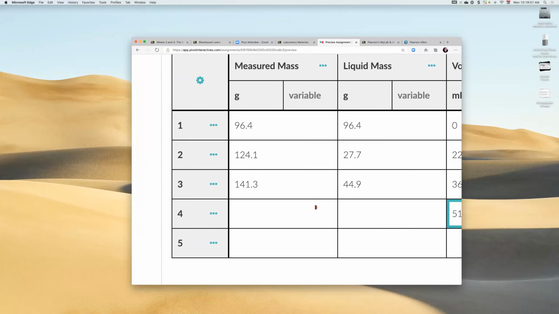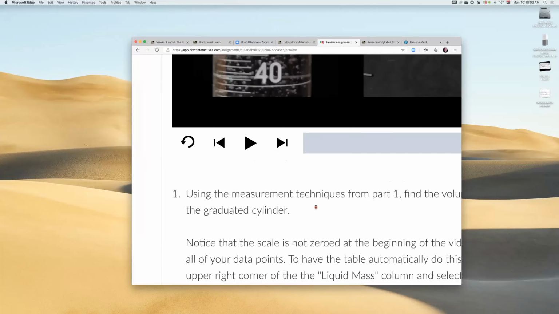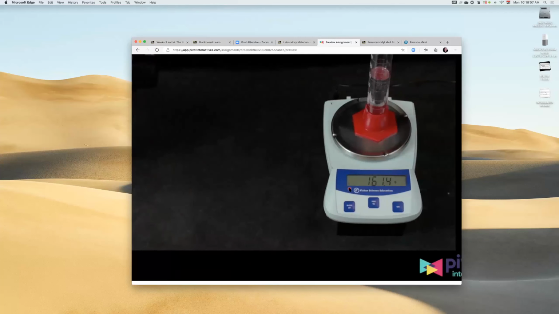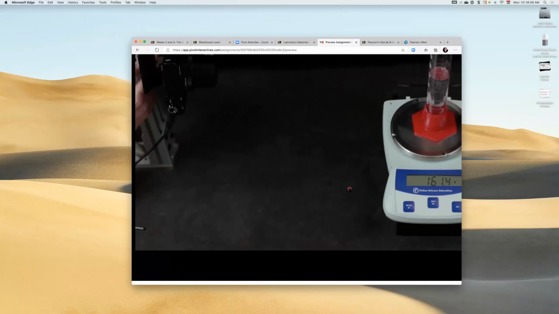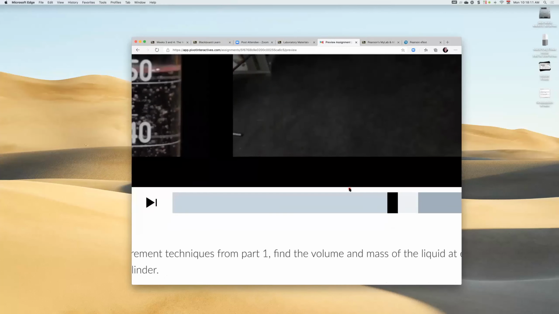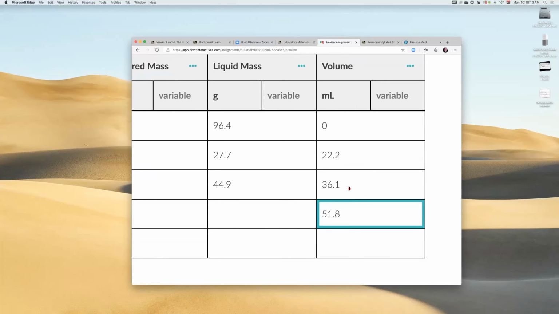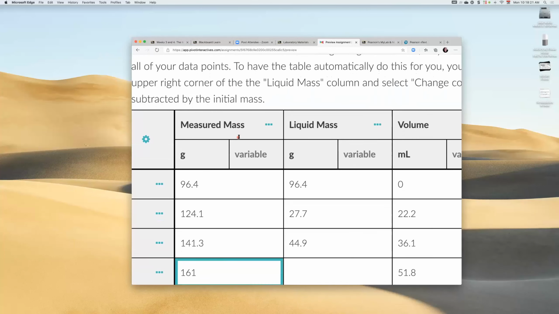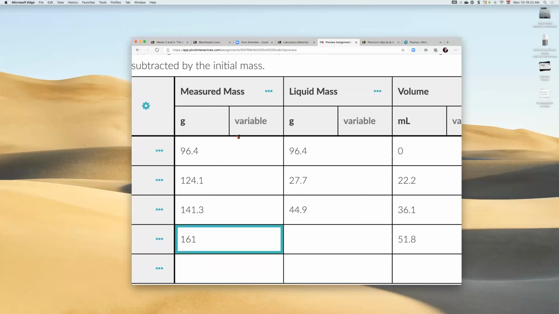Now, let's look at the scale. 161.4. That's the liquid plus the cylinder. Remember that the balance wasn't tared. So what was it, 161.4 or 164? 161.4.